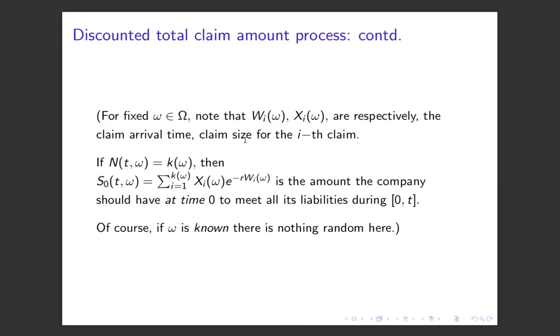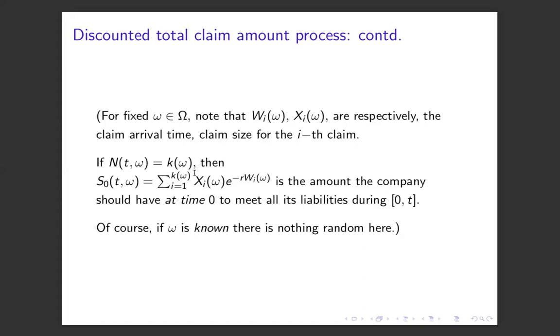Of course, if this omega is known, there is nothing random. Since it is not known, all these objects are considered to be random variables, and the best we can hope for is to try to compute the average amount, that is, the expected value of S_0t, with all the assumptions we know.